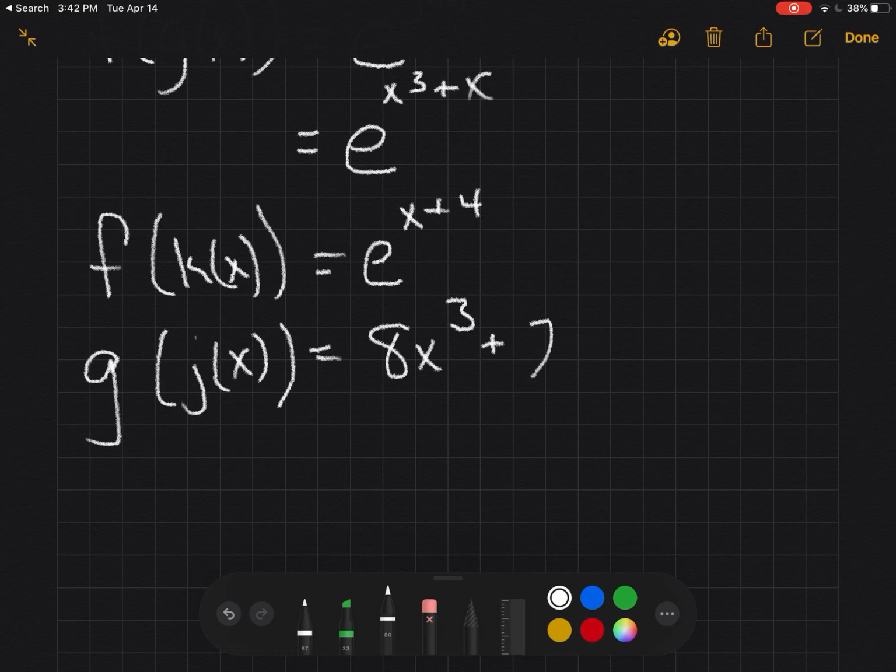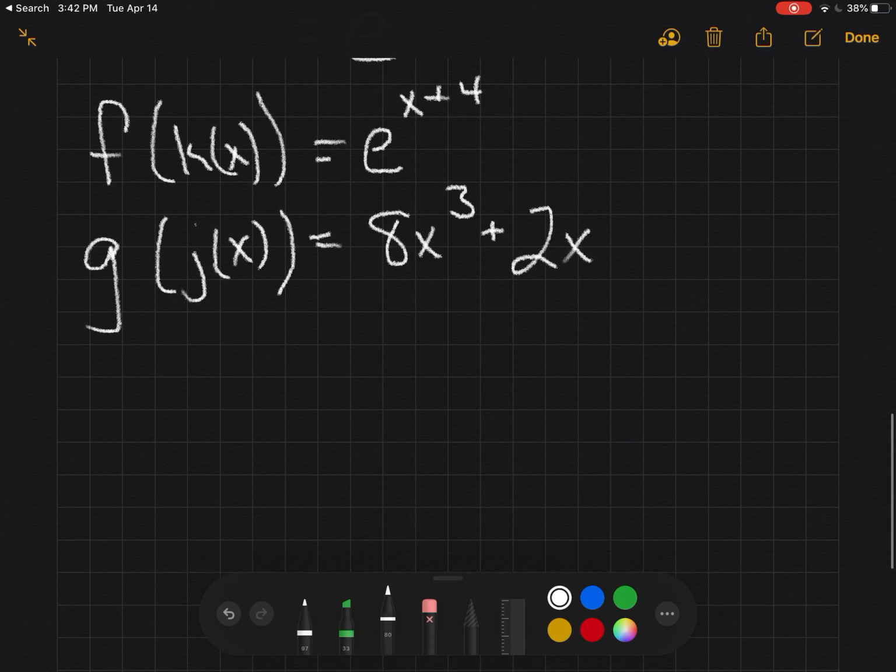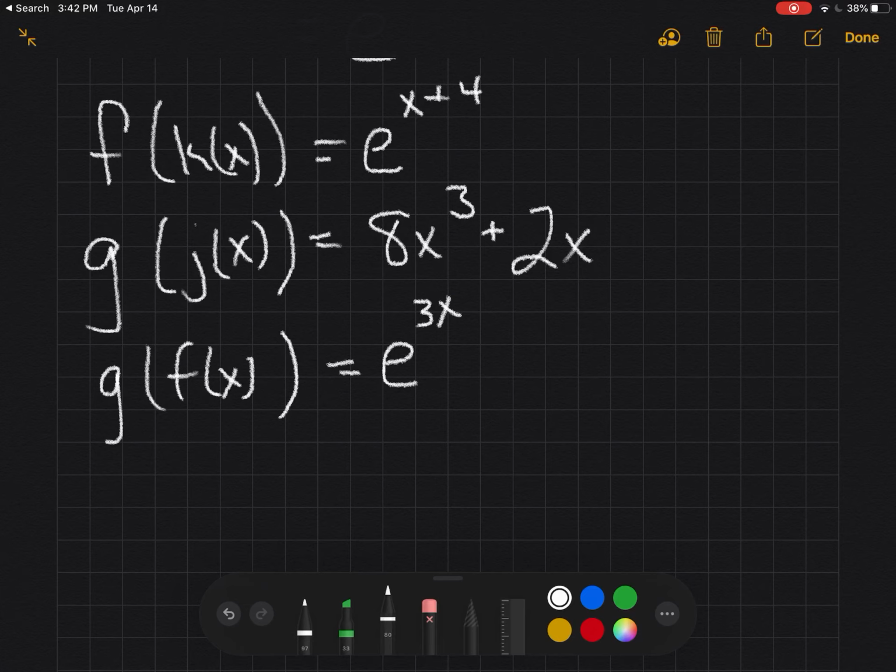I'm sorry, g of j of x. I was like, why don't I know this one? I have g of j of x, which is equal to 8x cubed plus 2x.